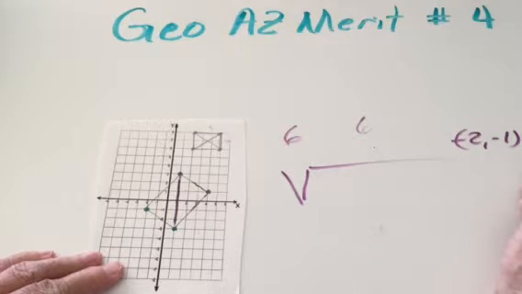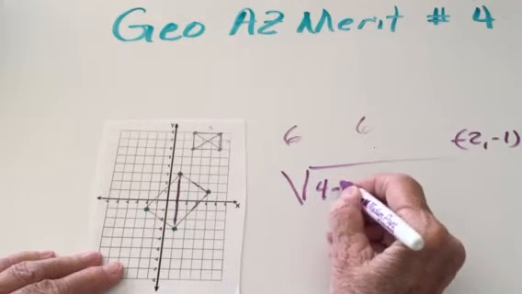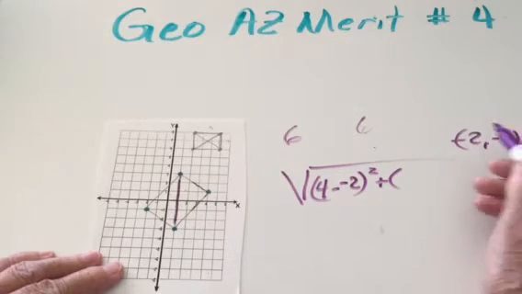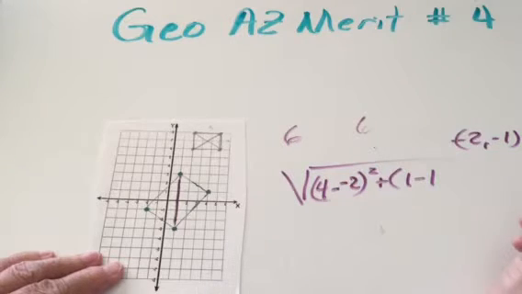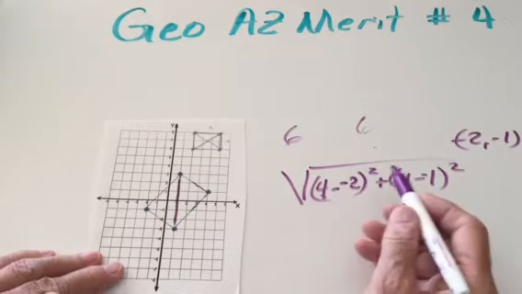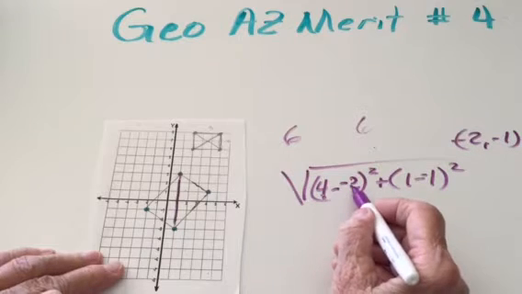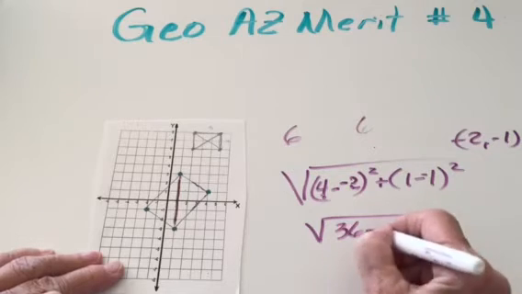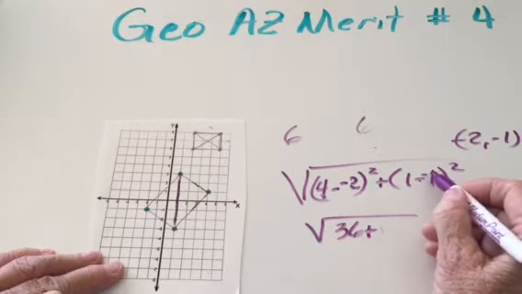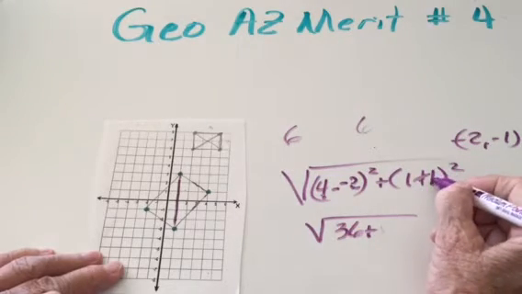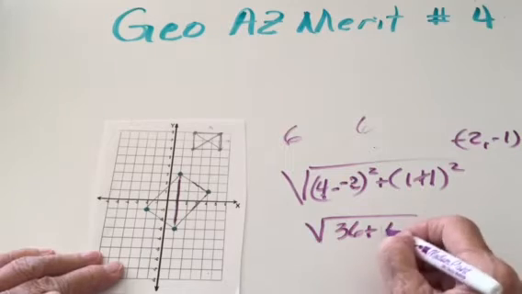I'm going to say 4 take away -2, squared, plus 1 take away -1, squared. This really means 4 plus 2 squared. So 4 plus 2 is 6. 6 squared is 36. Plus 1 plus 1, because that's really a plus 1. 1 plus 1 is 2. 2 squared is 4.